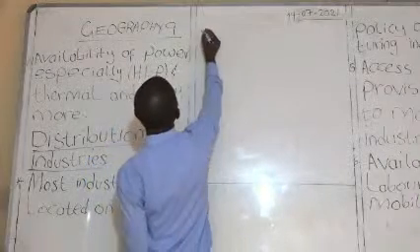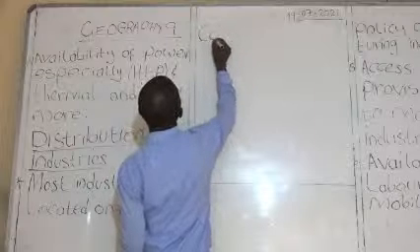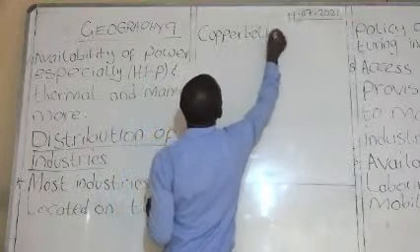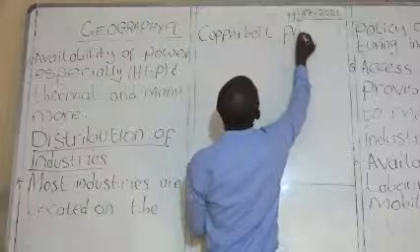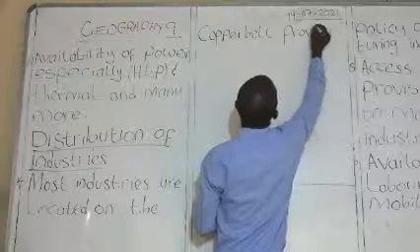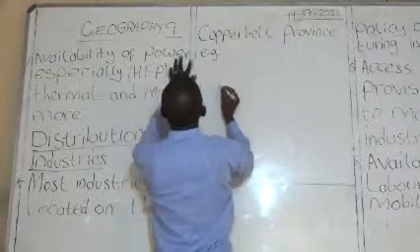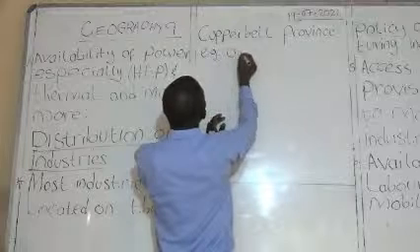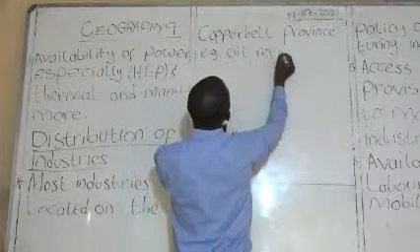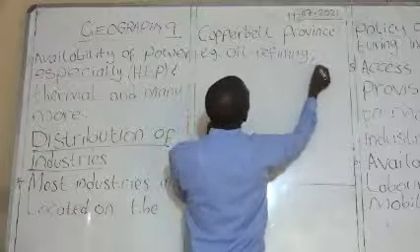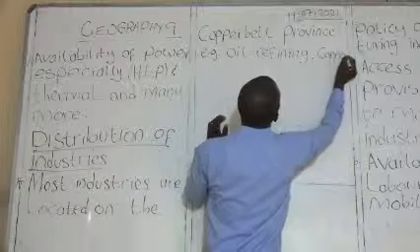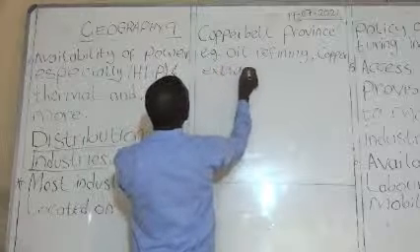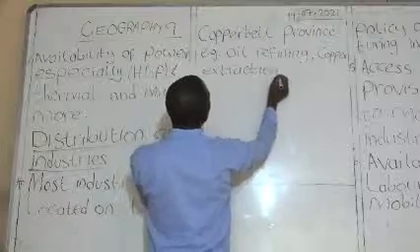E.g., on the Copper Belt province, e.g., oil refining, copper extraction, okay.